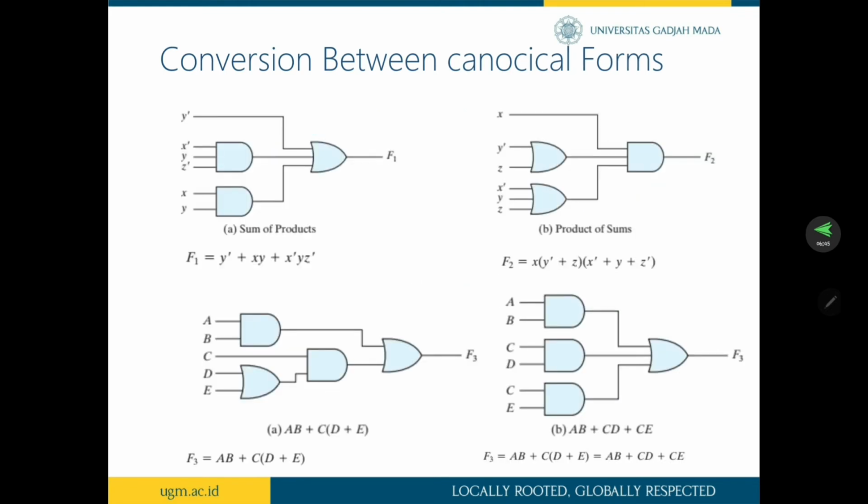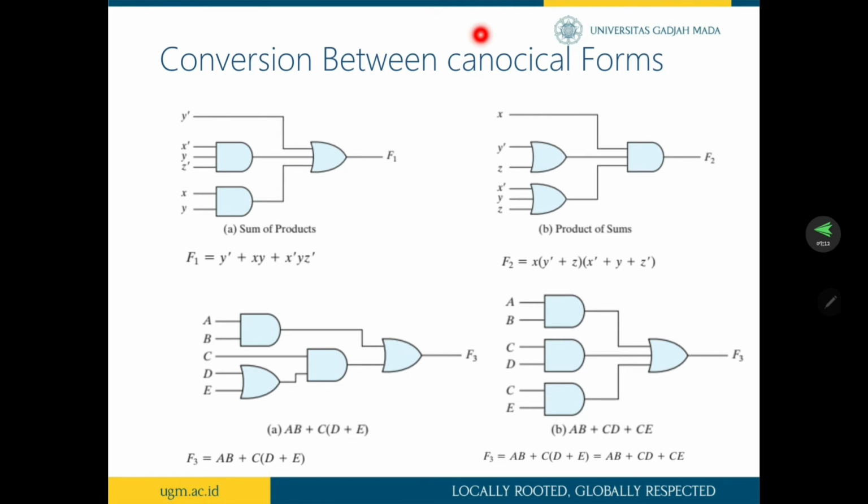The conversion between canonical forms. So for example, in here we have F1 as a sum of product, which we can write as y' and then x · y, and then plus x' · y · z'.